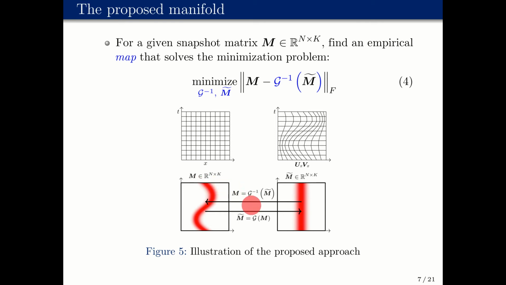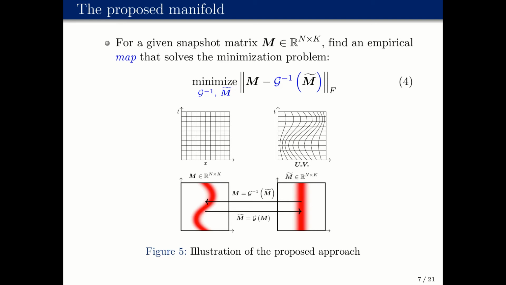Think of this map as an abstraction in this slide. I'm going to make it more solid in the next few slides. So G inverse takes our latent variable from the low dimensional space to the high dimensional space. And M tilde is our solution, our latent variable, our mapped solution on this manifold.